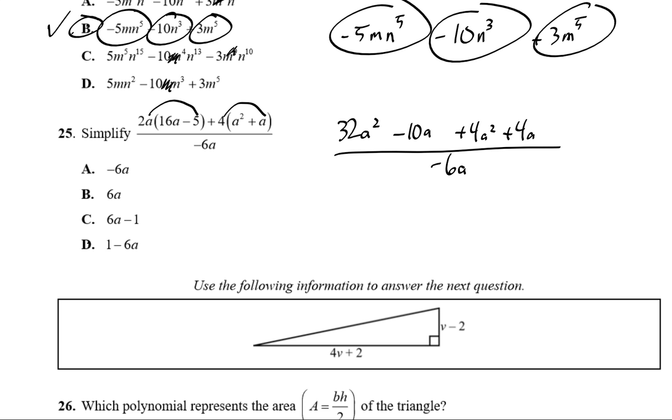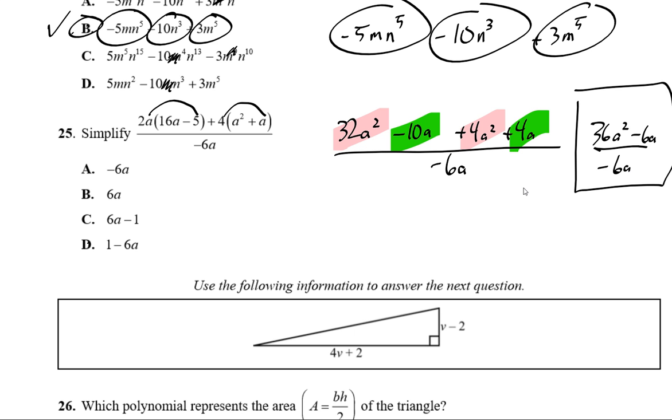I'm going to find like terms, like that one and that one, or like that one and that one, and I'm going to combine them. So 32 and 4 is 36 a squareds. And negative 10 and 4 is negative 6 a's. That still needs to get divided by negative 6a. So this is where I'm at. I'm going to rewrite this as 36a squared over negative 6a minus 6a over negative 6a.